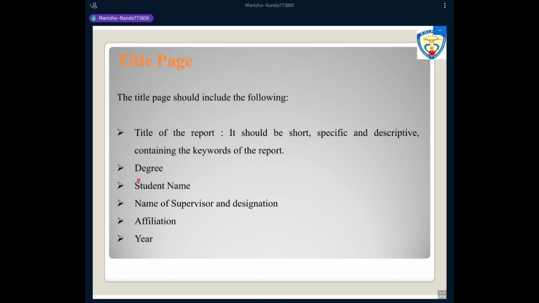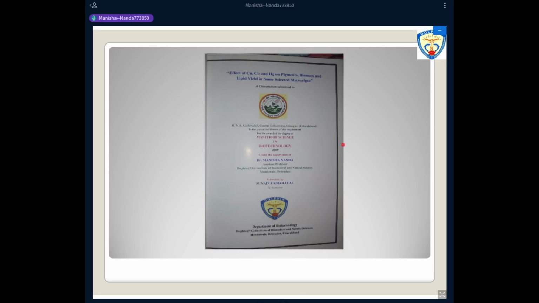Then it should display the degree for which you are submitting your dissertation. Then we have the student's name, name of the supervisor and designation, the affiliation, and of course the year of publication. So this is a sample title page of the dissertations done here in Dolphin. We normally tell the students to prepare the title page in this format.